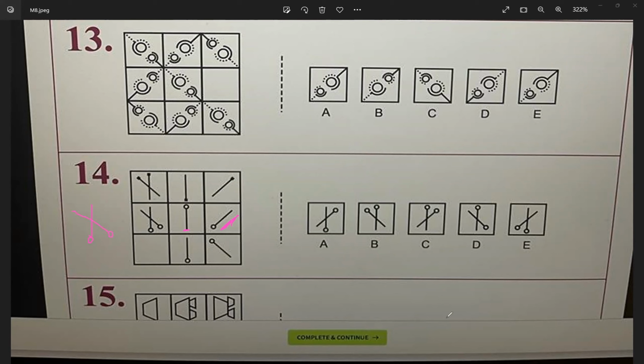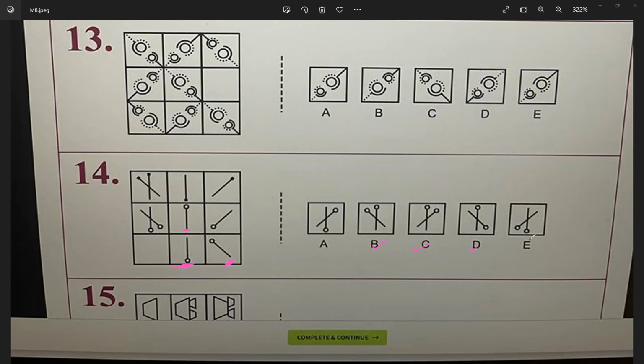Now, in the same way, I am looking for the option which has this vertically flipped and this horizontally flipped. This vertically flipped will be either B, C, or D. And how will I pick the right one out of these three?